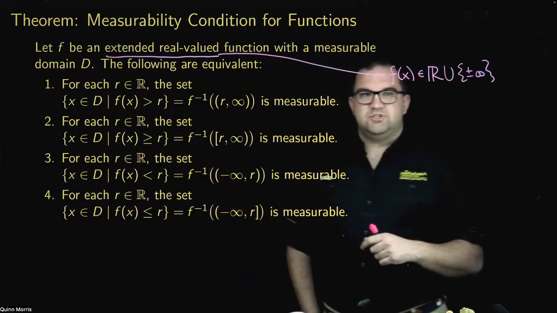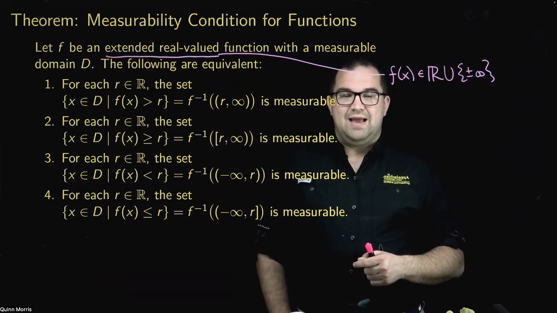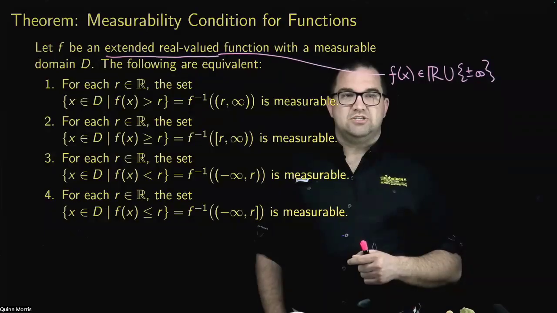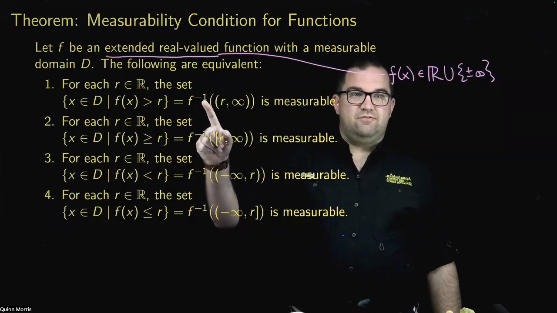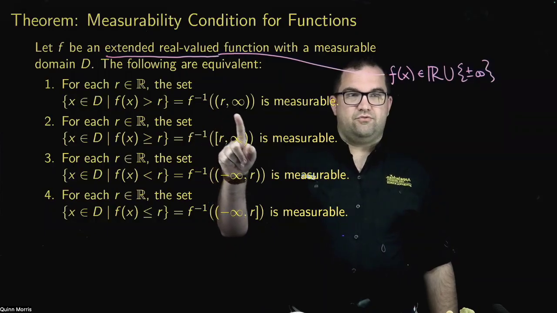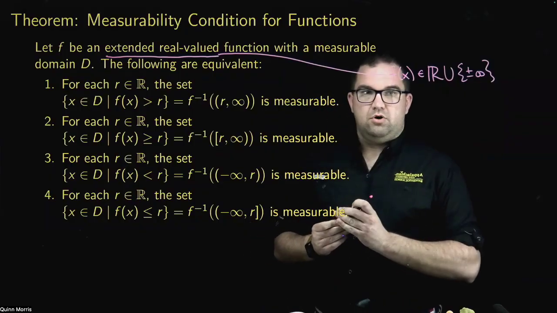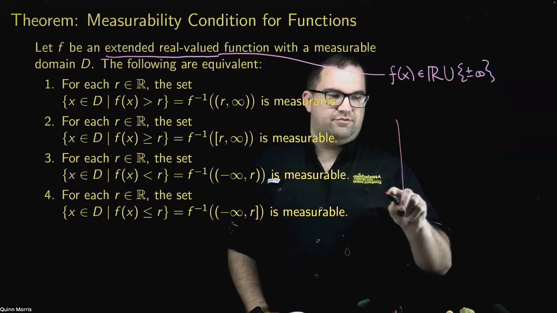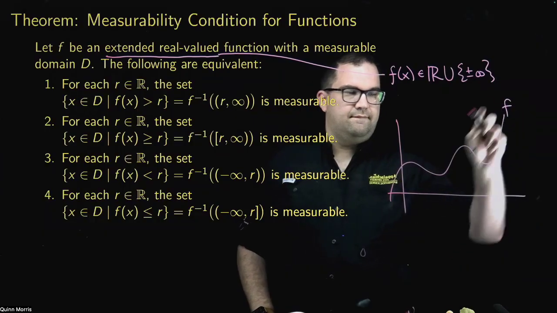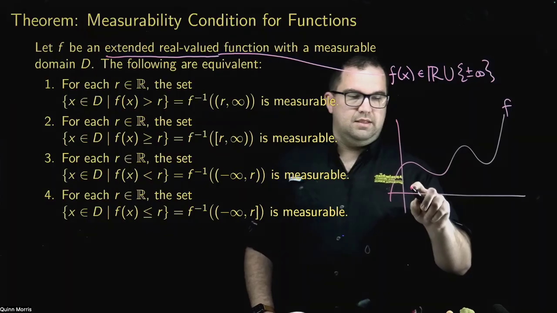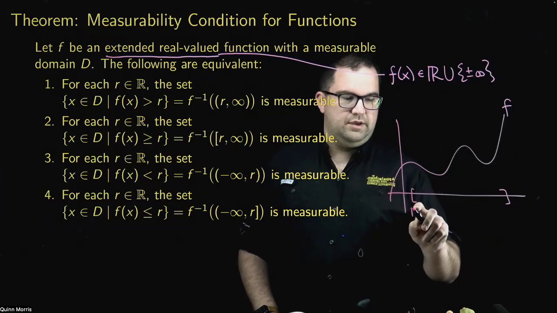So the first says for each r in R, the set of all x in the domain such that f of x is greater than r, or expressed another way, f inverse, the preimage of the interval r to infinity, is measurable. Okay. So what is that saying? That's saying if you have some function, say here's f, and let's say your domain D is the closed interval here.